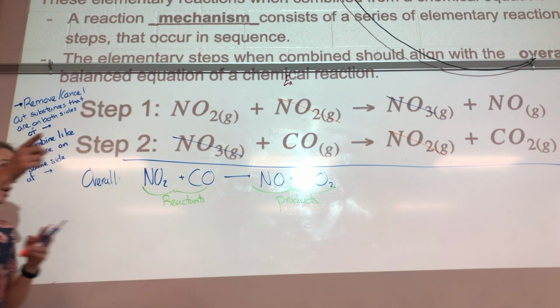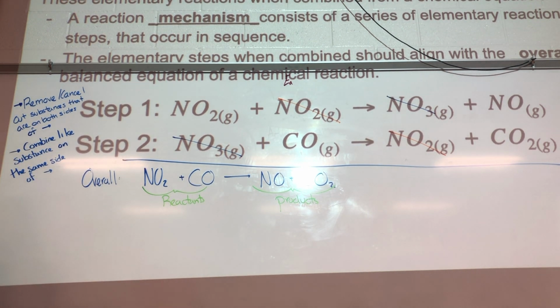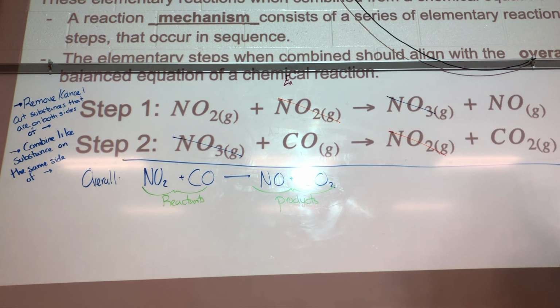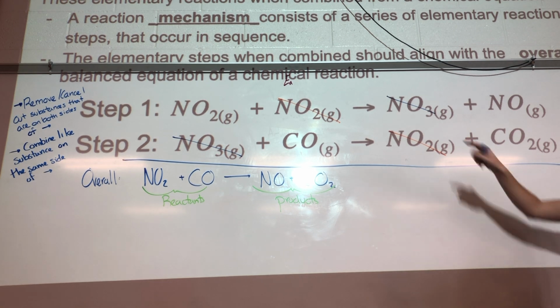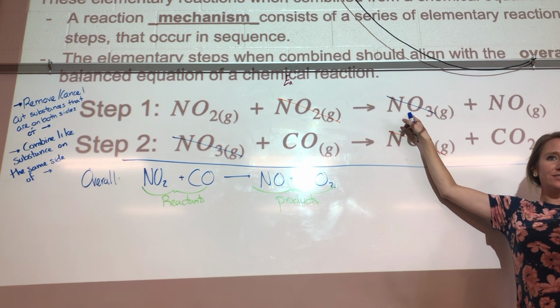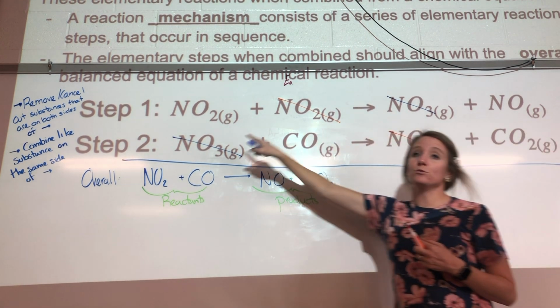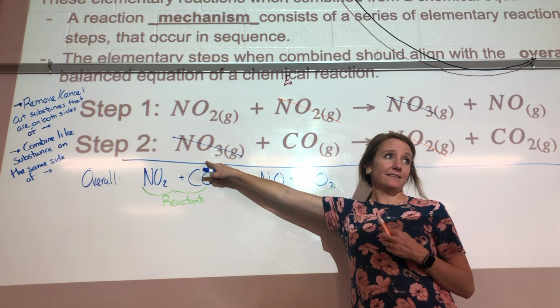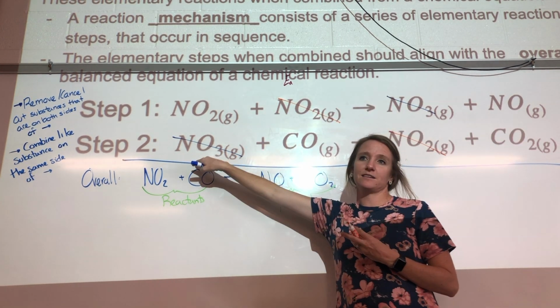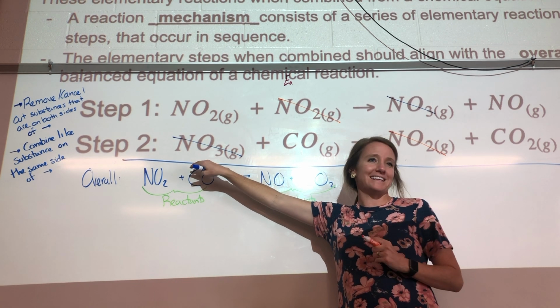Okay. Now let's talk about the things we canceled. We have two different types of things we've canceled. Okay, let's start with the NO3. Where does the NO3 first show up in this process? The end of step 1. So NO3 was created, but then what happens to it? It gets used up. So the reaction created it, but then it used it. Someone last period said, an intermediate is like a cookie.